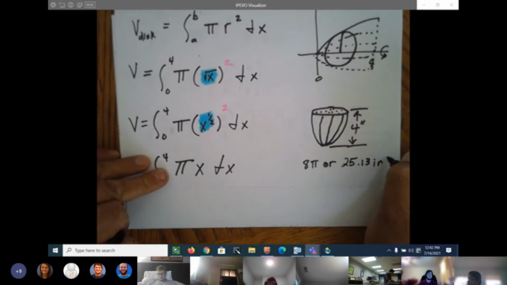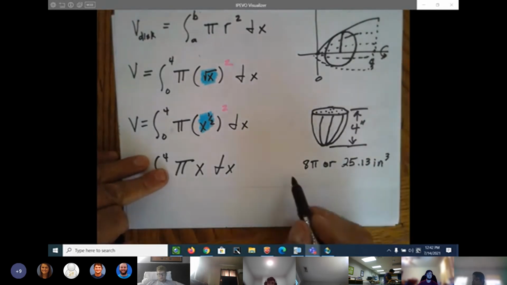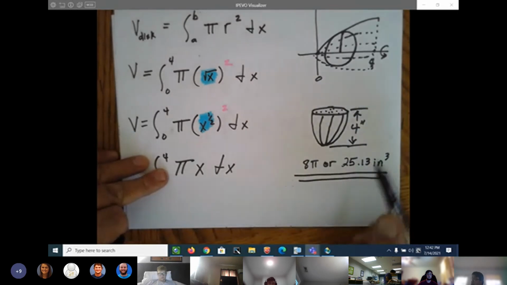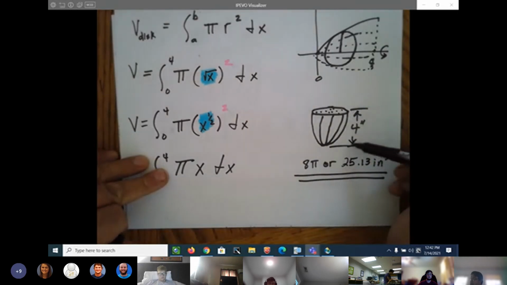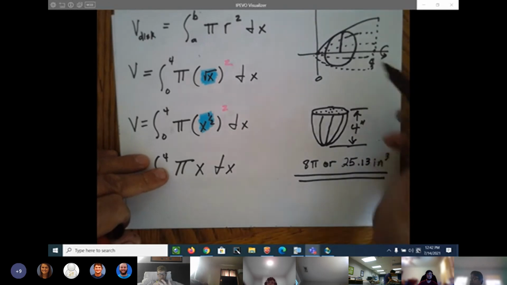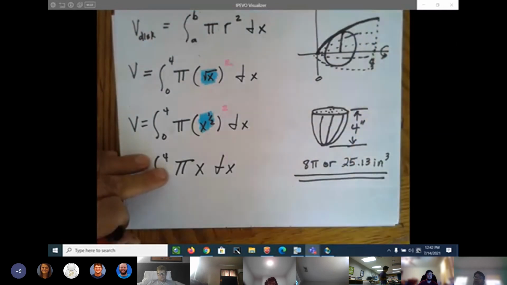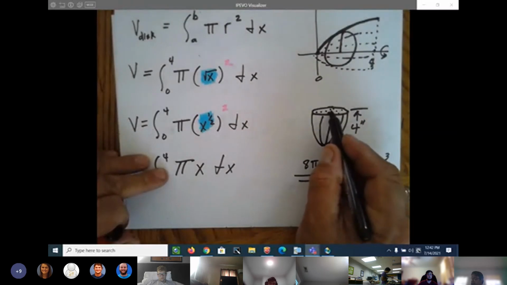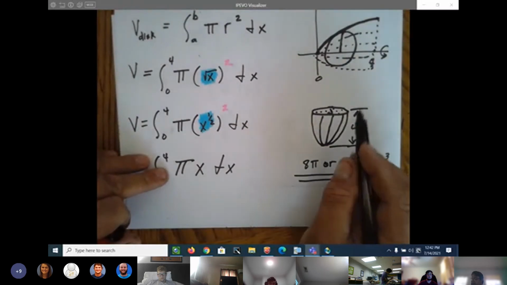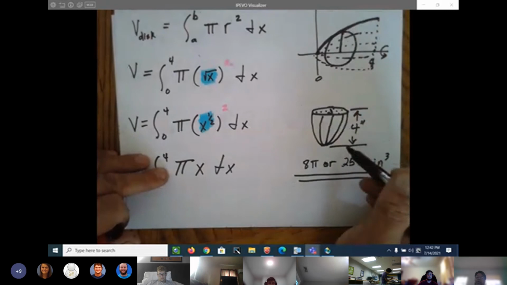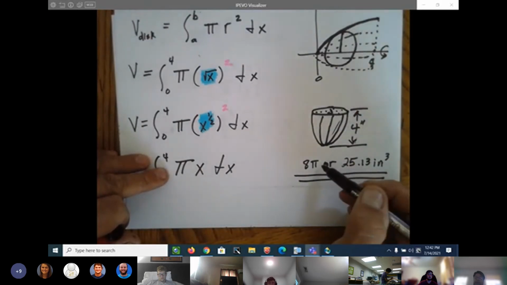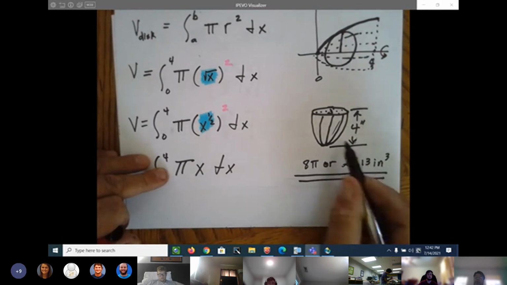Cubic what? Inches. So this 4-inch watermelon, and I'm just being facetious because we had a formula for the watermelon, so we don't know how wide it is, but the formula gives us that. A 4-inch watermelon is giving us 25 cubic inches of volume.